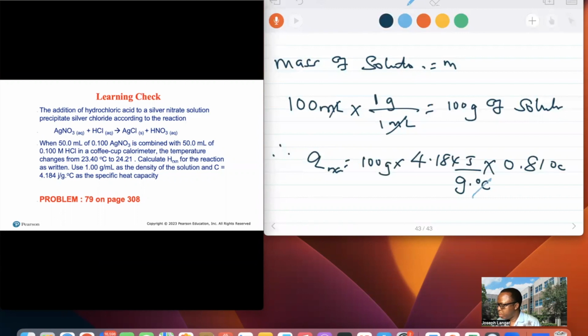This will cancel, that will cancel, and we remain with joules. This is going to be 338.9 joules.